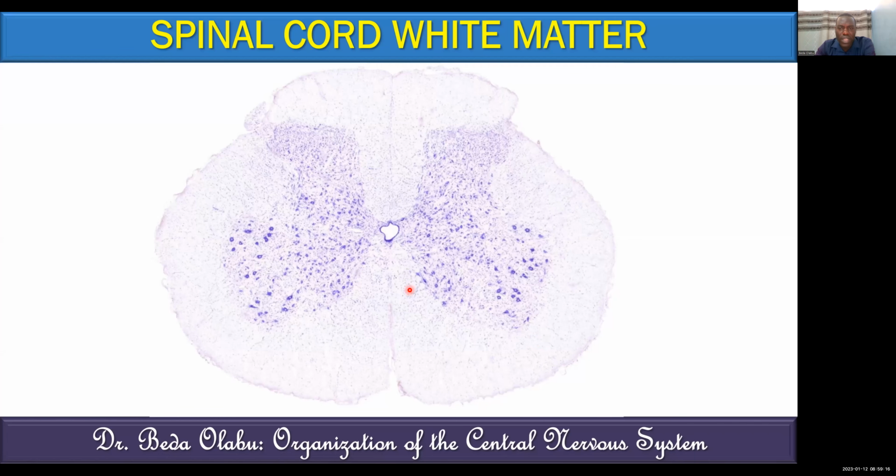And this is the anterior white column. As you can see, the anterior and the lateral ones merge into one another. The lateral and the dorsal ones are separated by the dorsolateral tract of Lissauer there. The right and the left dorsal funiculi are separated by the dorsal septum. The anterior white columns are joined by a commissure here, which we call the anterior white commissure, joining the right and left white matter.